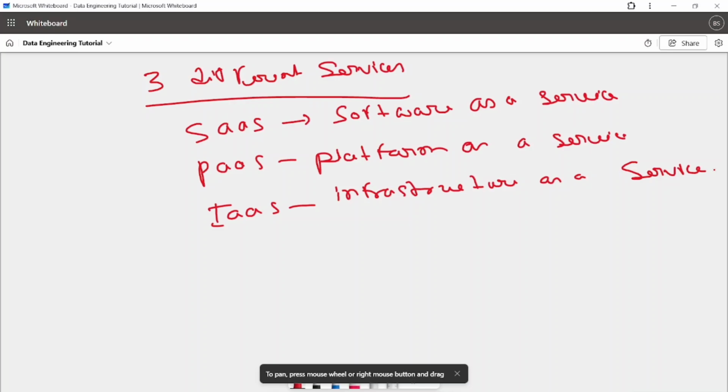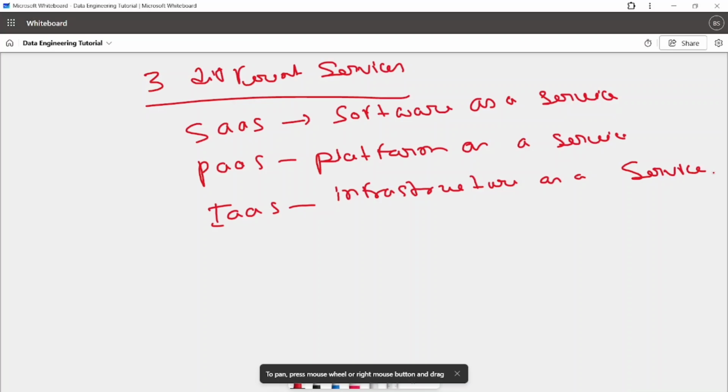First we'll see about SaaS. For this kind of service, you should know one thing: the process of taking required services from the cloud provider is known as cloud computing.